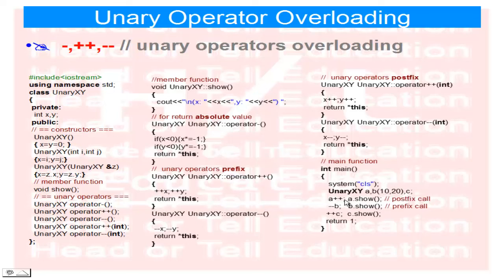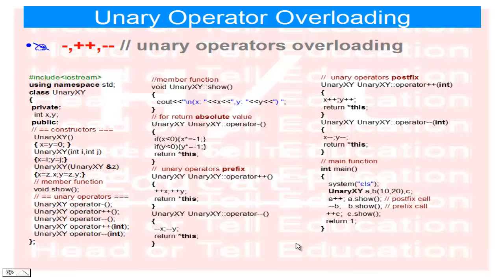Okay, so here I have created a plus plus, so a dot show, this is the postfix call. Okay, a plus plus is the postfix operator, minus minus b is the prefix call, so prefix operator, and plus plus c and c dot show and return 1. So this is the result of the unary operator overloading.